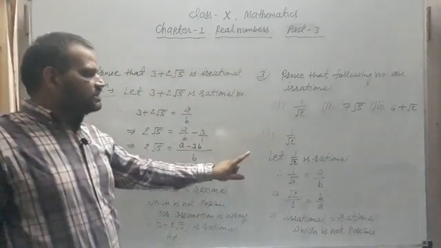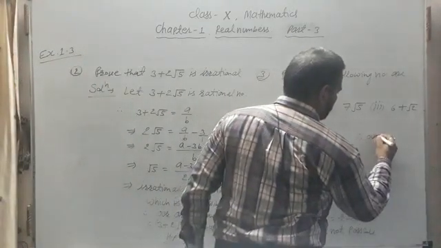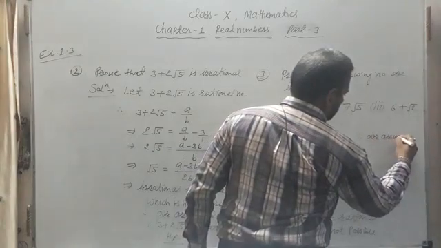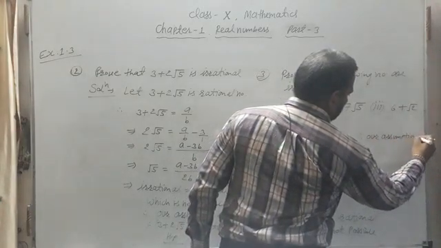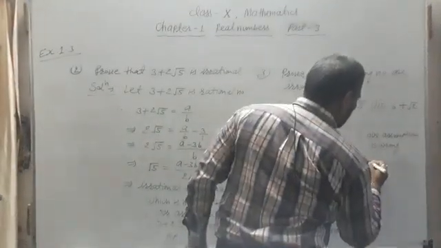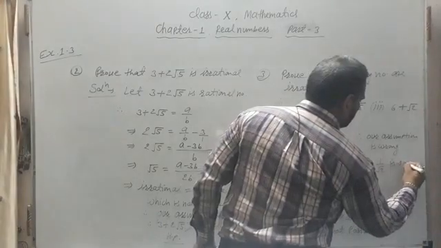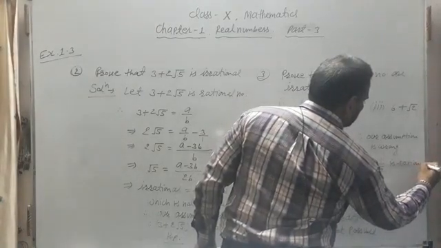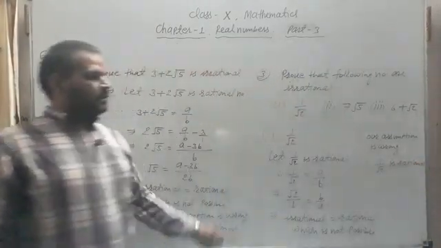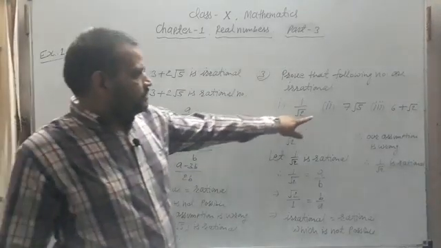Therefore our assumption is wrong. Therefore 1 by root 2 is irrational. In the second and third parts, the same way, irrational.